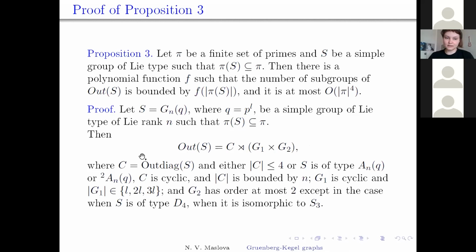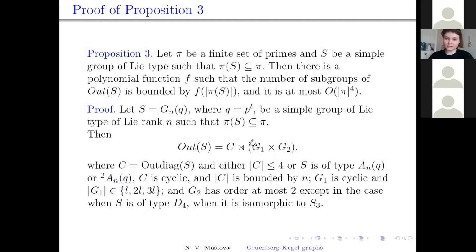And C is either cyclic or has a very small order, at most 4. It's cyclic only in the cases of PSL linear groups and unitary groups. And if it's cyclic, then its order is bounded by the rank n. Otherwise, it has very small order.